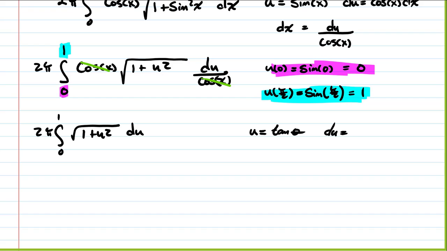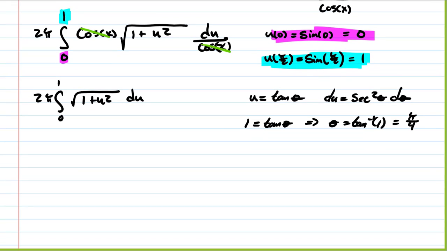Then du is equal to secant squared of theta, d theta. And once again, we have to change our limits of integration. So 1 is equal to the tangent of theta tells us that theta is equal to the inverse tangent of 1, and the inverse tangent of 1 is pi over 4.